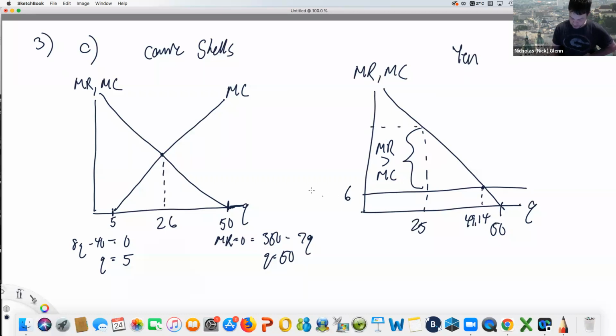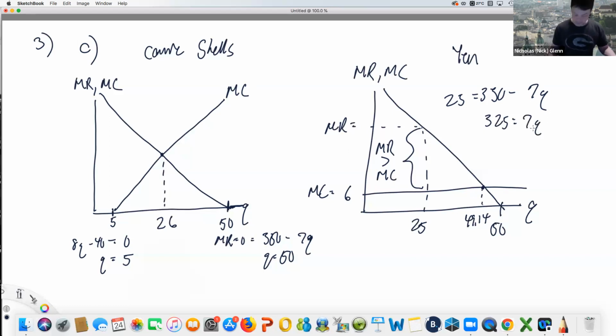All right. So this makes sure you can calculate what the marginal revenue is here. The marginal cost is 6. Marginal revenue, what is it? Well, you just set your marginal revenue equation equal to 25. So that's 350 minus 7Q equals 25. So it's going to be 325 equals 7Q.